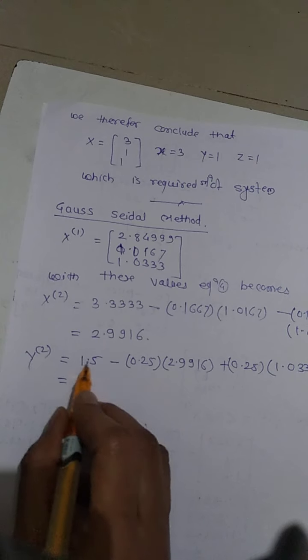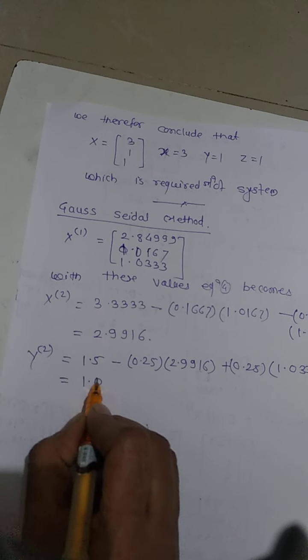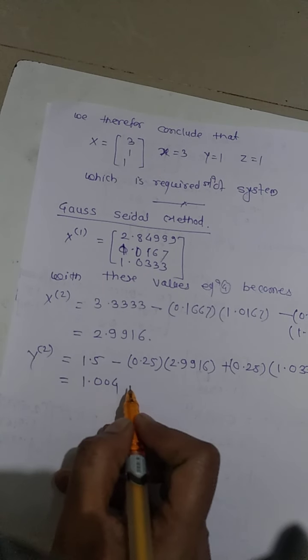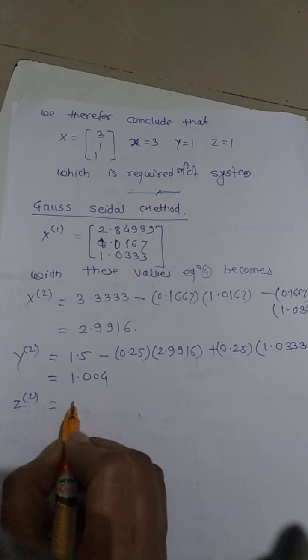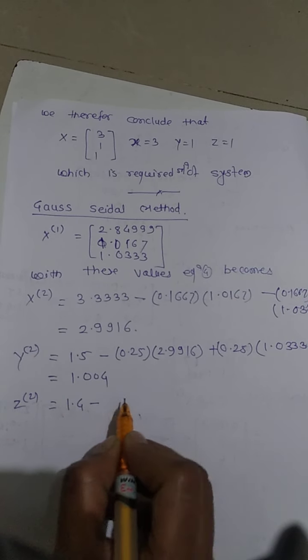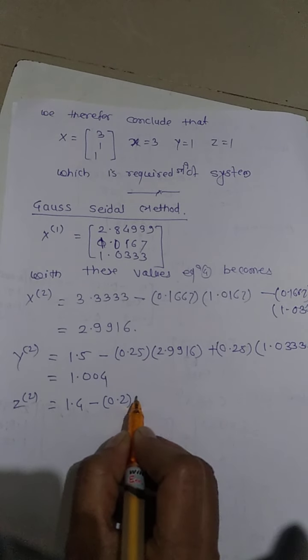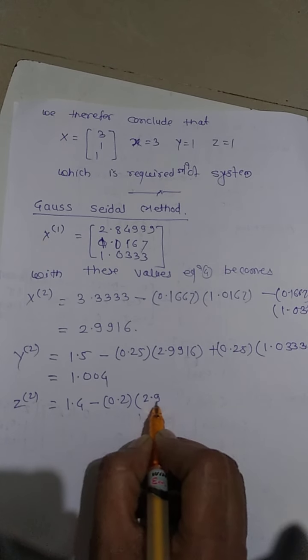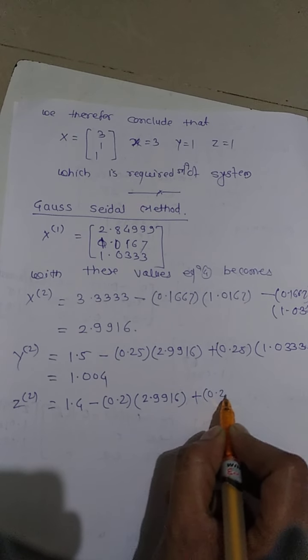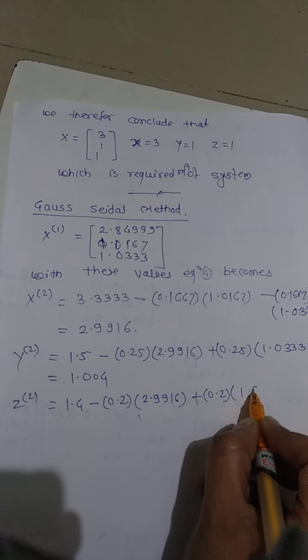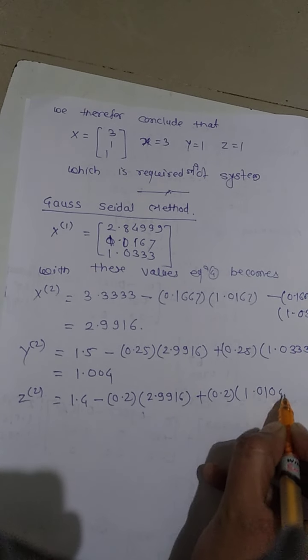After calculating, we get y of 2 is 1.004 and z of 2 is 1.4 minus 0.2 into 2.9916 plus 0.2 into 1.0140.